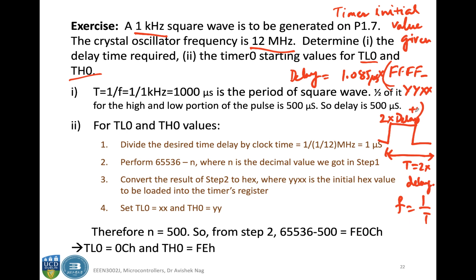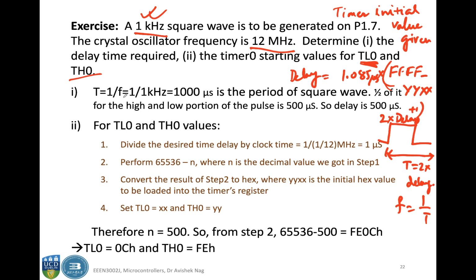Now, if you are given the frequency of the square wave, can you find out the values that you need to store in TL0 and TH0 to give this exact frequency? You can apply the same concept, but you have to work backwards. The time delay required is very simple.